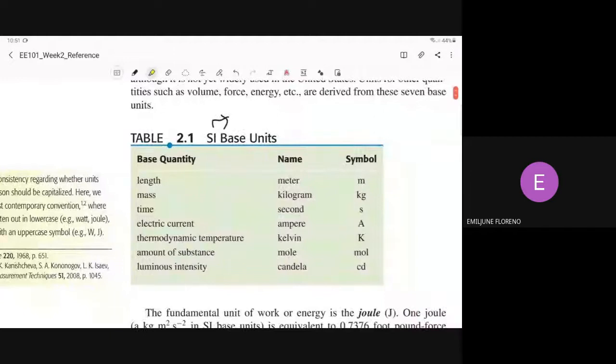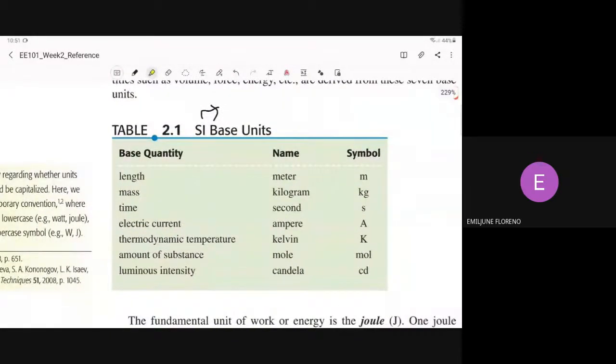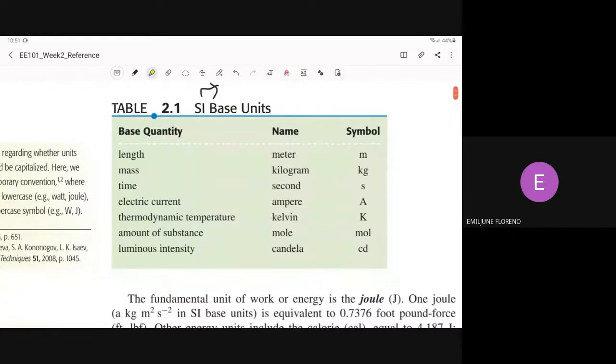We also have other parameters that should be expressed in other systems of units. But basically, if we are going to use the SI unit for length, we have here meter, then the symbol would be M.